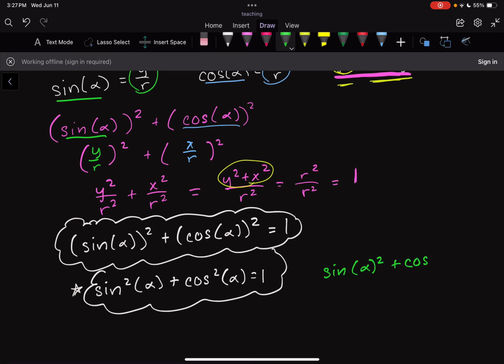These are not the same thing. Because this one is saying square the angle and then plug it into sine and cosine. This one says plug in the angle and then square. So you want to be careful with how you write these. I also do not want you to write this. This is not the same thing. So this is bad. You don't want to write it like that. These are your two notations that are good to use.